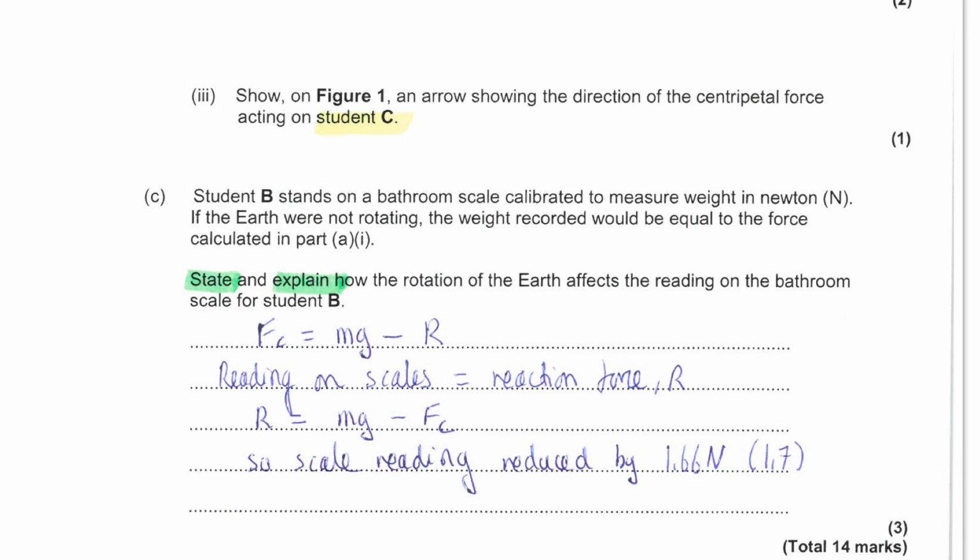If you rearrange this equation, you can see that the reaction force would now be reduced. It would equal the weight take away the centripetal force. The centripetal force is what you calculated in the previous part of the question to be around 1.7 newtons. So the scale reading would be reduced by that amount.